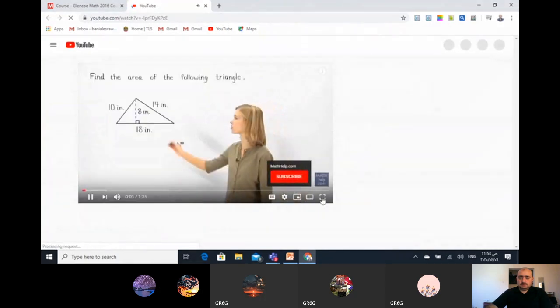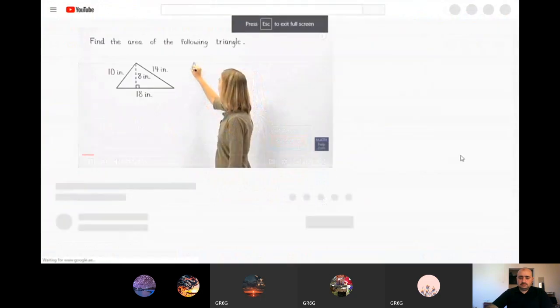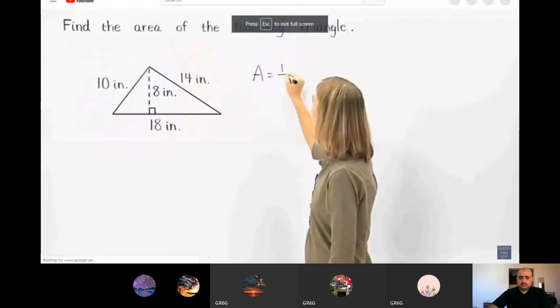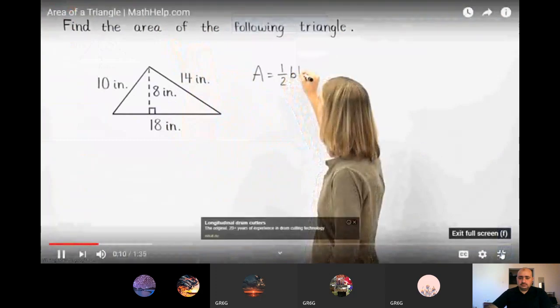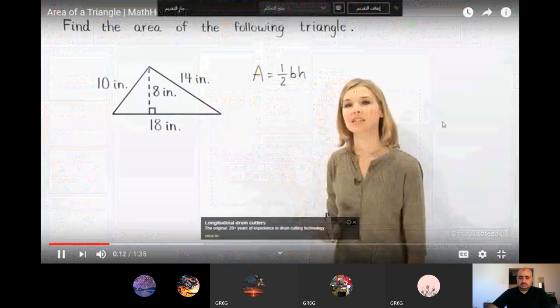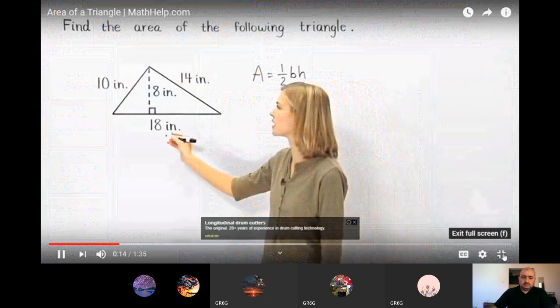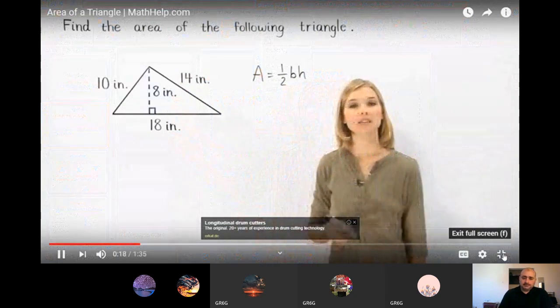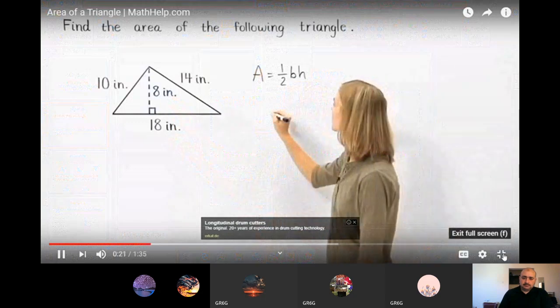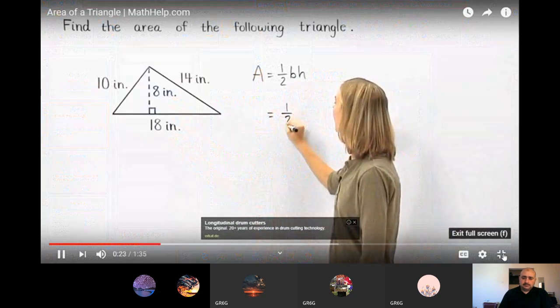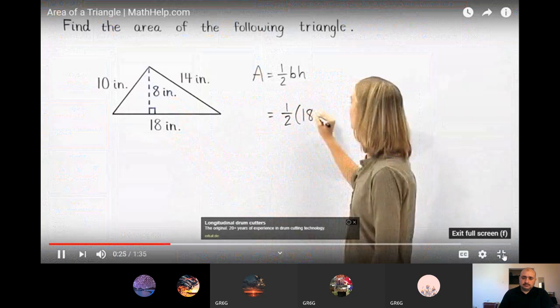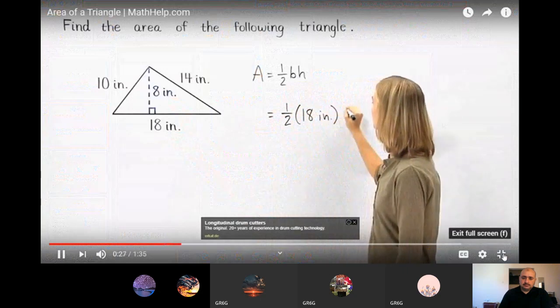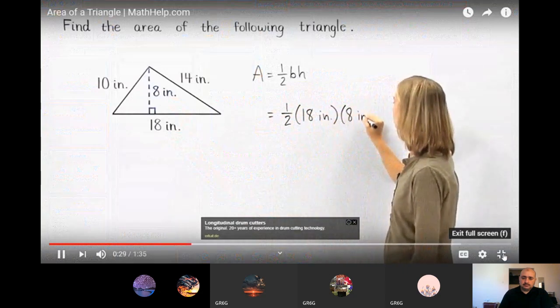To find the area of the triangle shown, we use the formula area of a triangle equals 1/2 base times height. Since the base of the triangle is 18 inches and the height of the triangle is 8 inches, we can plug this information into the formula to get 1/2 times 18 inches times 8 inches.